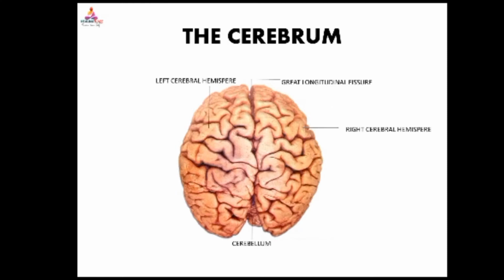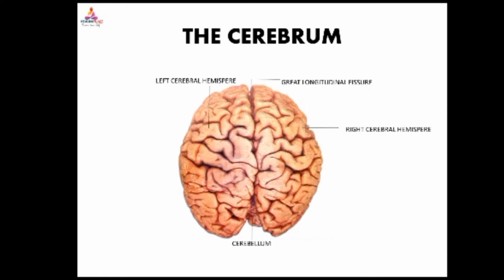The first part is the cerebrum. The cerebrum is the largest part of the brain. It consists of two large hemispheres, right hemisphere and left hemisphere, which occupy the anterior and middle cranial fossa and the supratentorial area of the posterior cranial fossa.